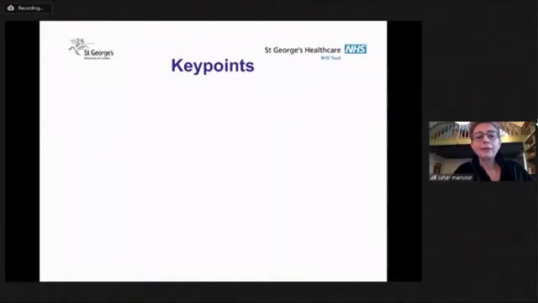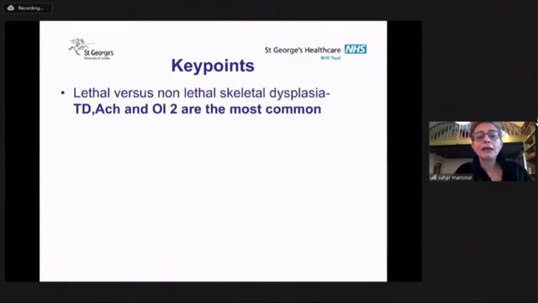So finally, the key points, just a few take-home messages. If you forget everything I've said, the only things to remember are: if you've got a lethal condition, please try and work out if the baby has a lethal or non-lethal skeletal dysplasia, because that will help the couple to make a decision. And thanatophoric dysplasia, achondrogenesis, and osteogenesis imperfecta type 2 are the very most common.